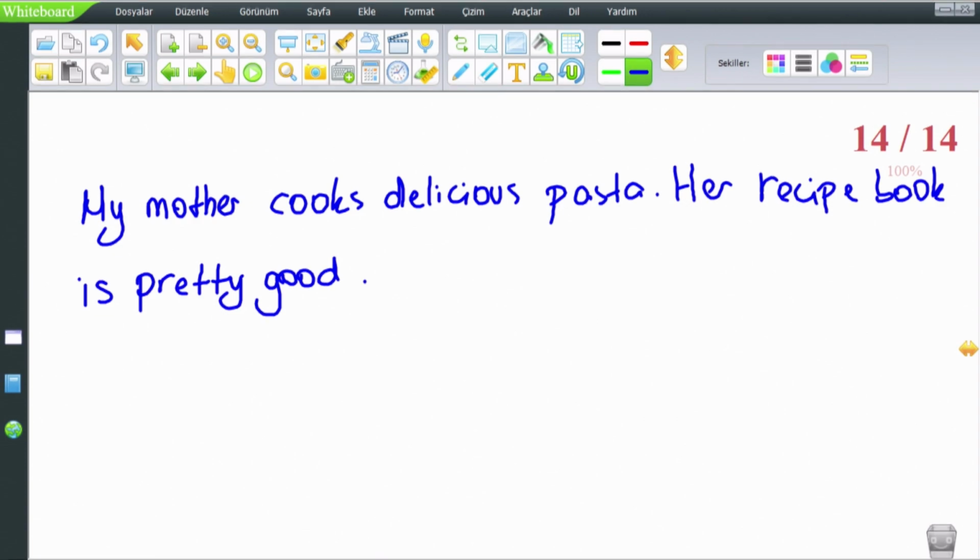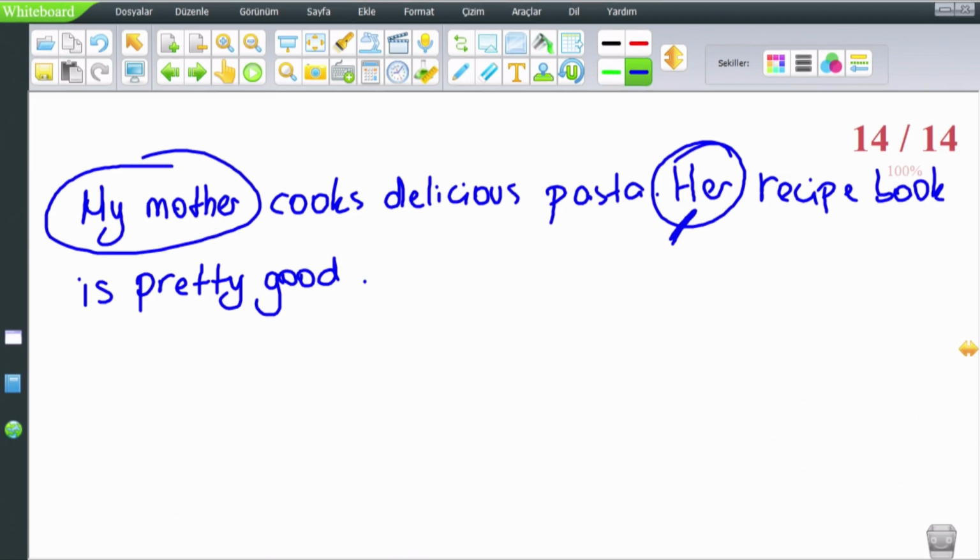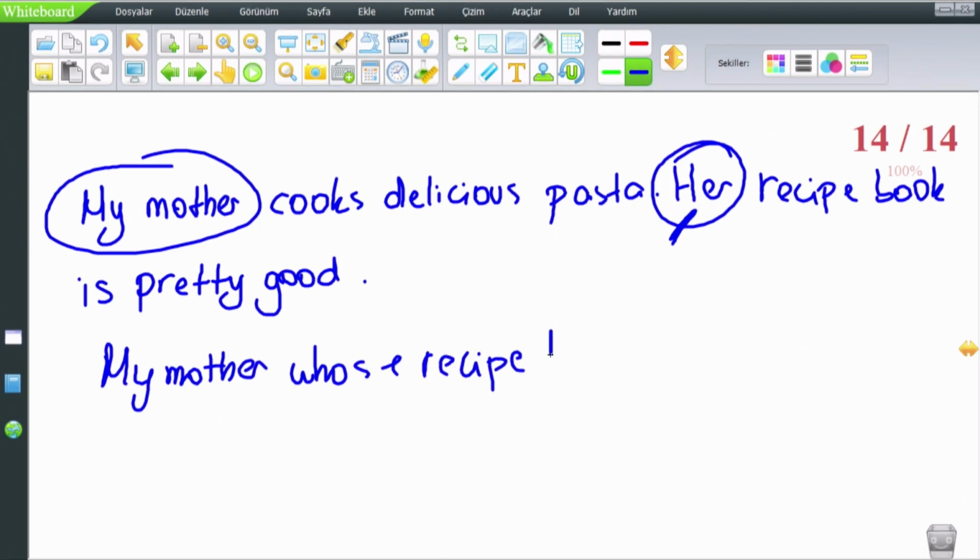So again, my mother and her. Her here means my mother's. I will start with my mother and then the relative pronoun, which in this case is whose. Recipe book is pretty good.